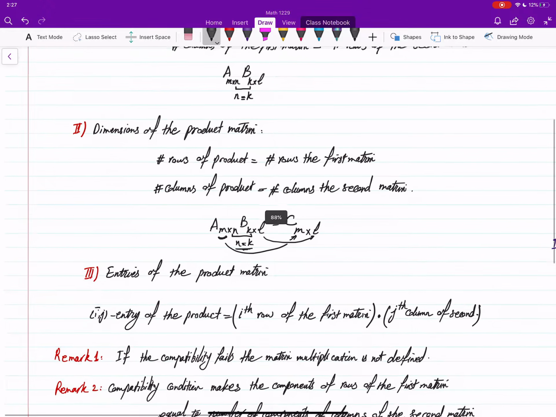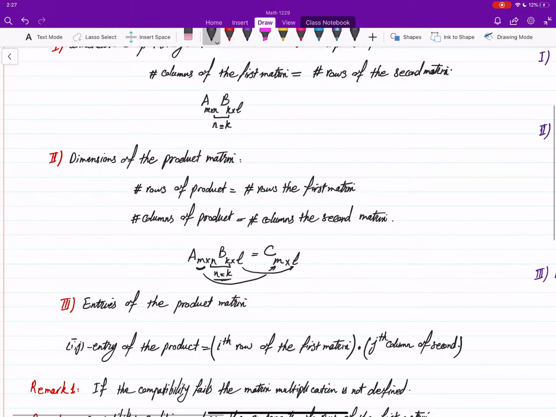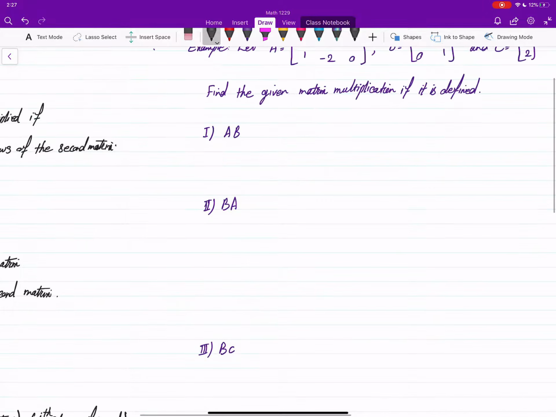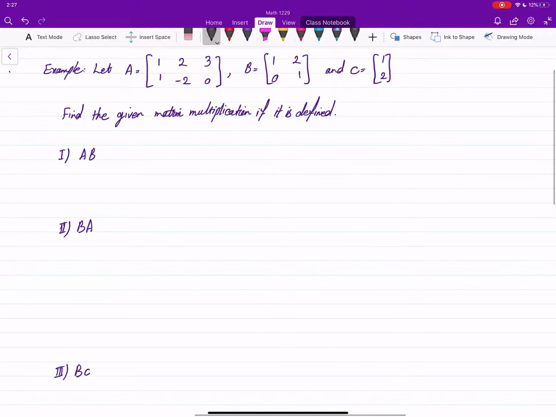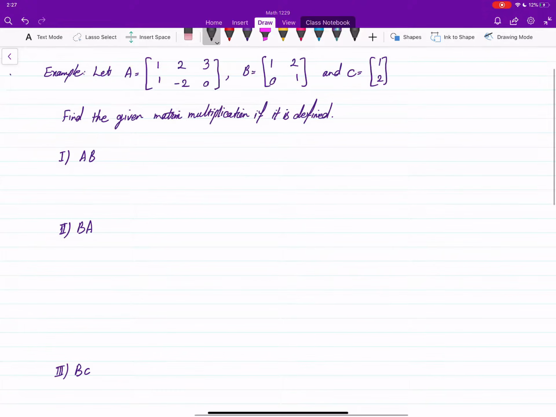Remember three things: the compatibility condition we have to check, then the dimension, and then the entries of the product matrix. Okay. Here I have three matrices, A, B, and C. Well, A is a 2 by 3 matrix, B is 2 by 2, and C is a 2 by 1. Now we want to find AB.